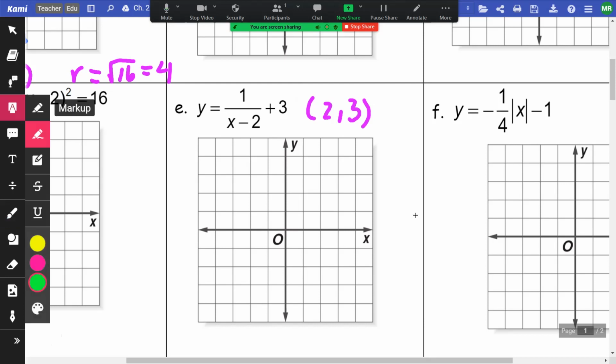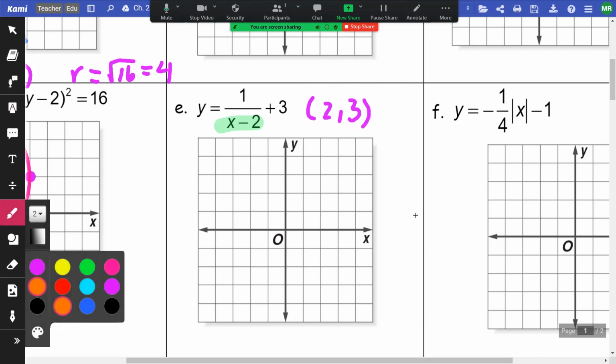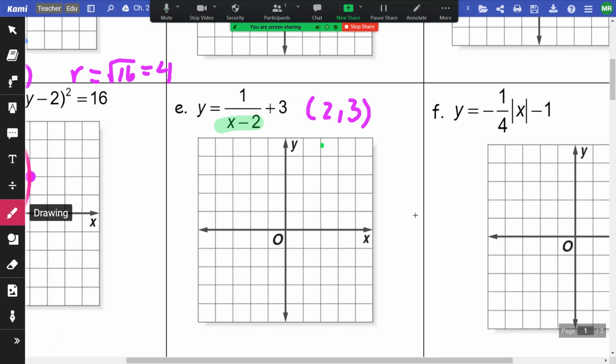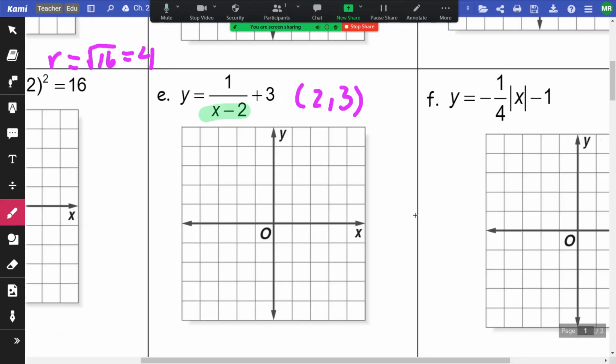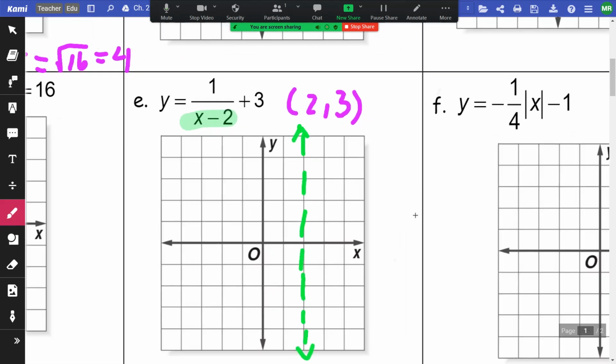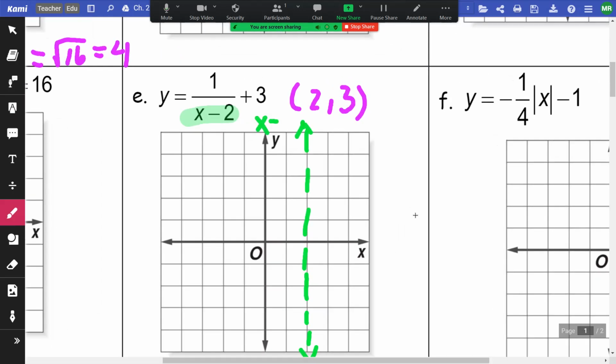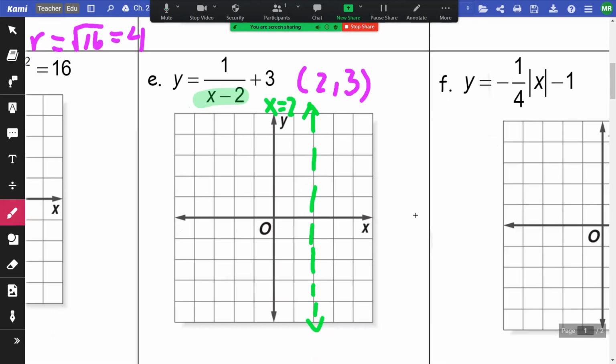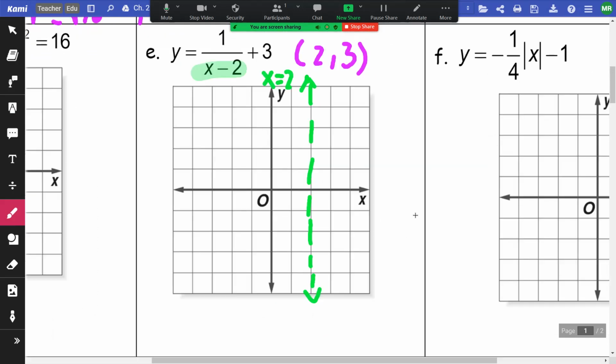So whatever makes this denominator 0, that is where I have an asymptote, because x cannot be 2 or else it makes my denominator 0. So I'm going to have an asymptote right here at x equal 2. And then that plus 3, I'm going to have one at y equal 3.